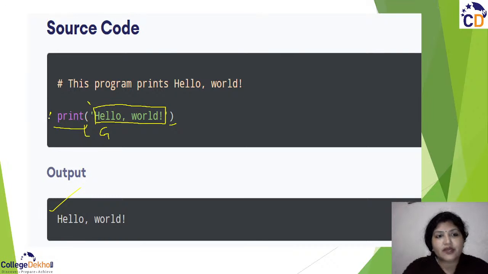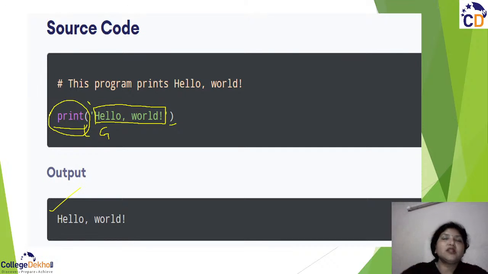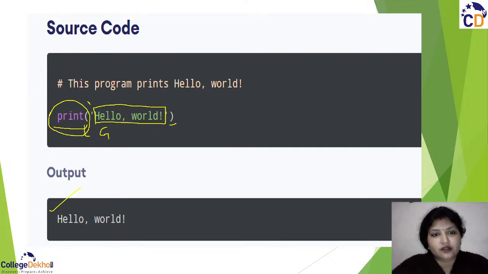Because in other languages we have printf, or in Java we have println, in C++ we have cout, or in C we have printf. So basically, in Python we have a print function which displays the message on the screen, right? So whatever you want to display on the screen, you might be using a print function.